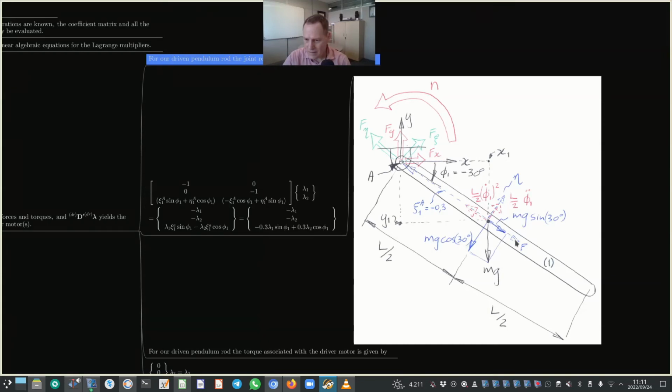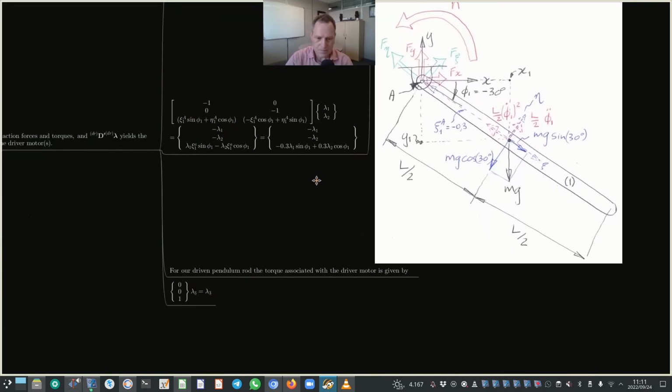This is the Kasi axis, also in a dashed blue line. So the eta coordinate of point A in body 1 is 0. As you can see, it's in line with the Kasi axis. And the Kasi A1 coordinate is minus 0,3. That's where that comes from.